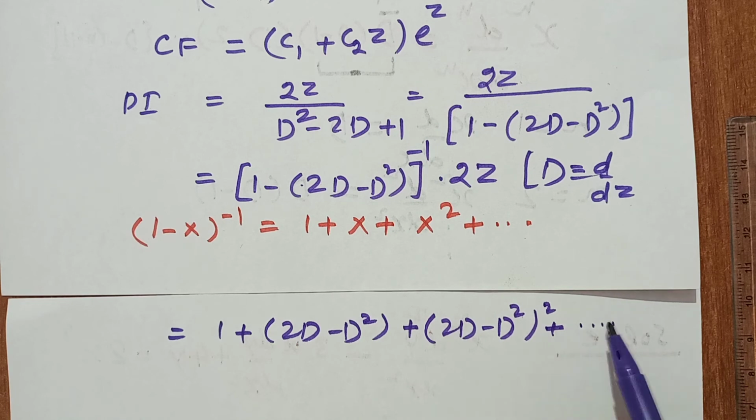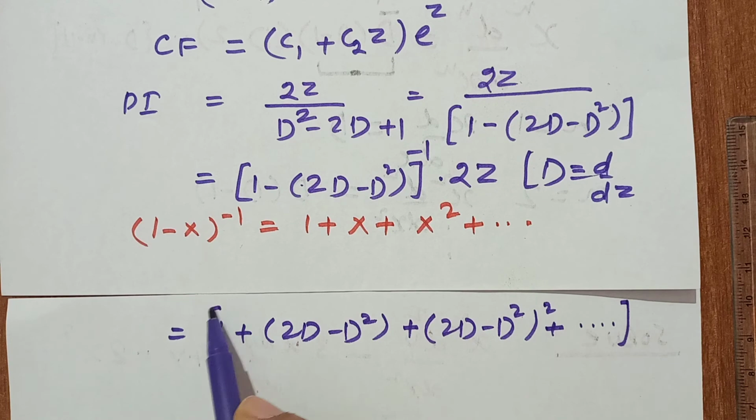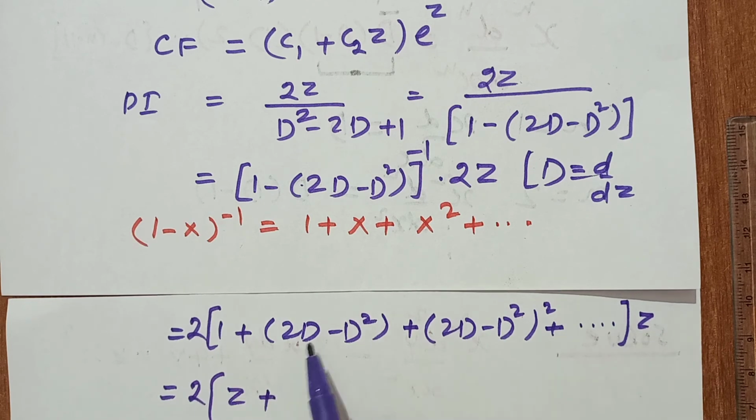Since we need only 2z, 2 is constant, so 2 times z gives 2z, plus differentiation of z once gives 2 into 1. Then d2z is equal to 0. Here also we get power of D more than 1, so all the terms will be 0. So this is equal to 2z plus 2.